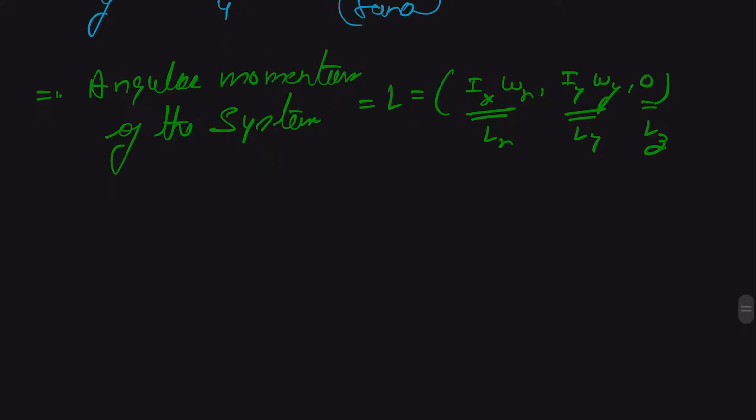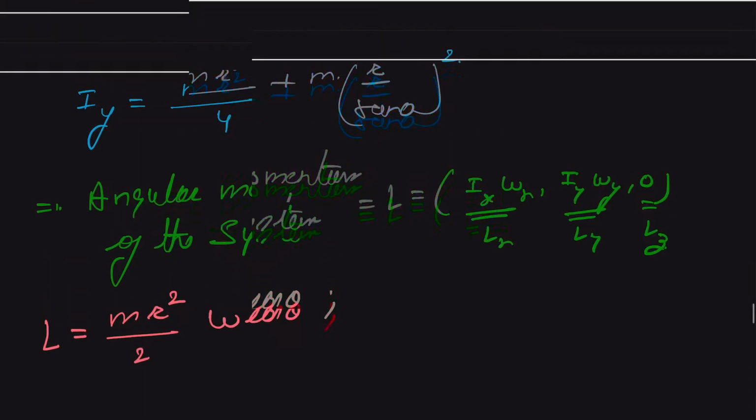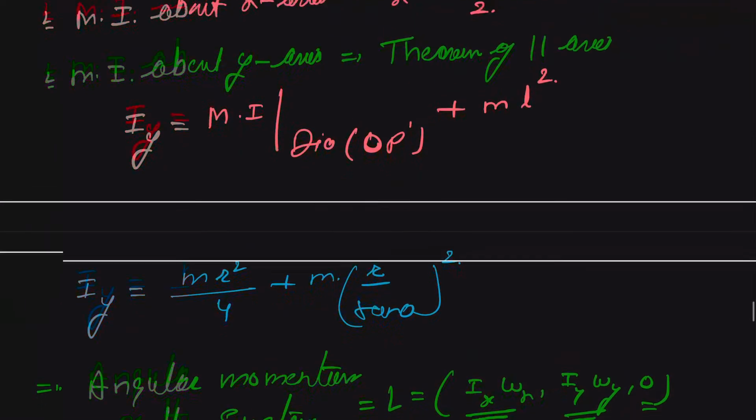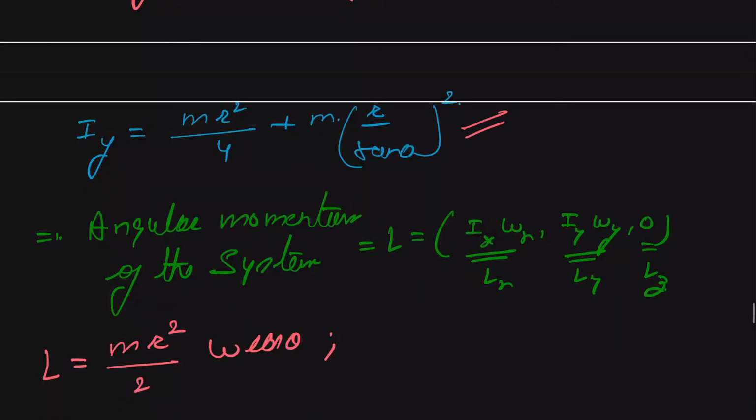And we can simply substitute the values of I of x and omega of x. Therefore we get that our L is equal to I of x, which is m r square upon 2, times omega of x, which is omega cos of theta, and I of y we just calculated using the parallel axis theorem, this one.